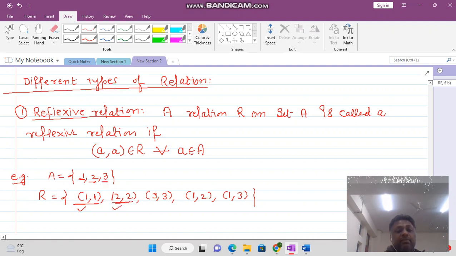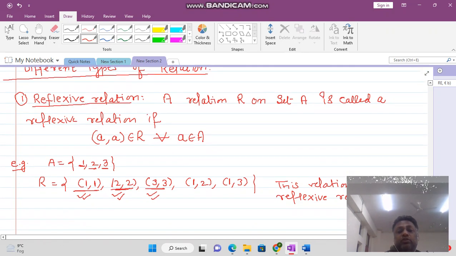If 3 is a member of A, then (3, 3) is also a member of the relation. It means that for every member of A we have the same elements in the relation, so we can say that this relation is a reflexive relation. There is no doubt about this.